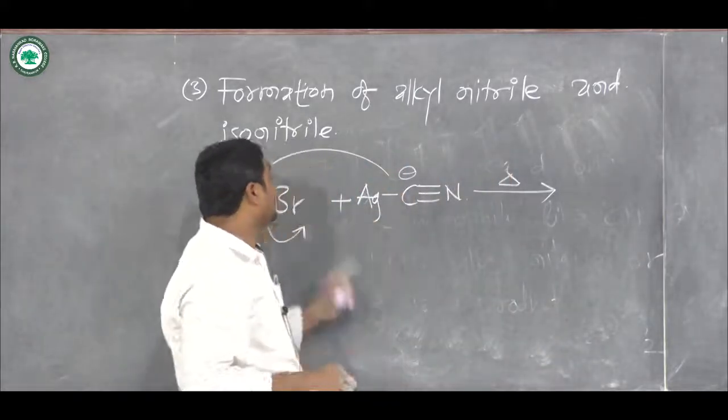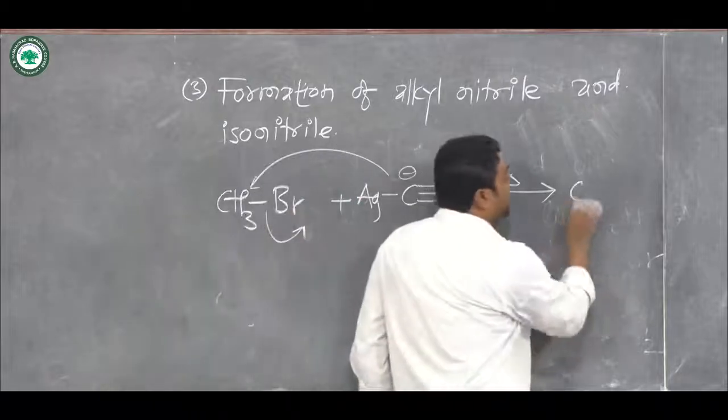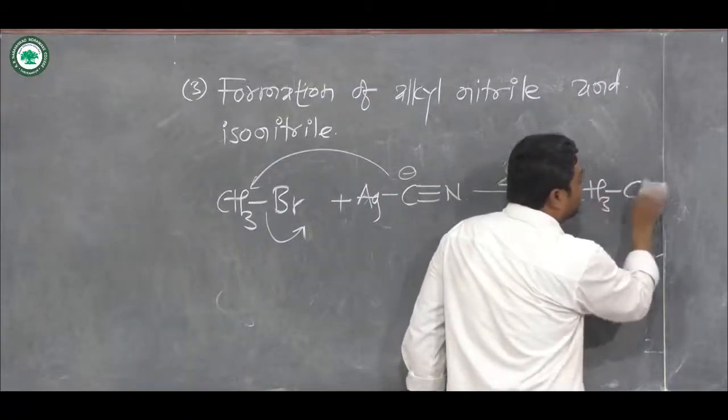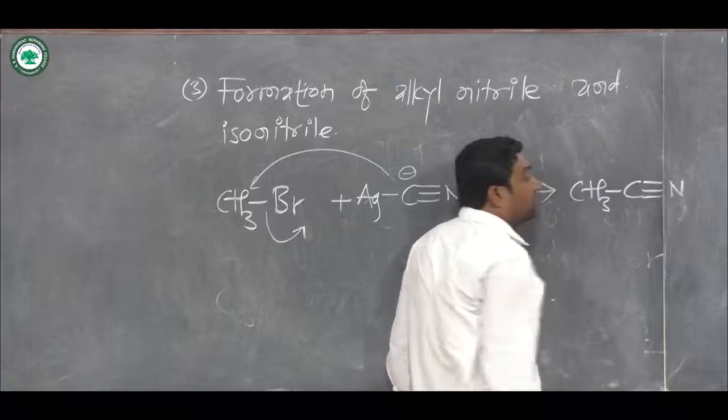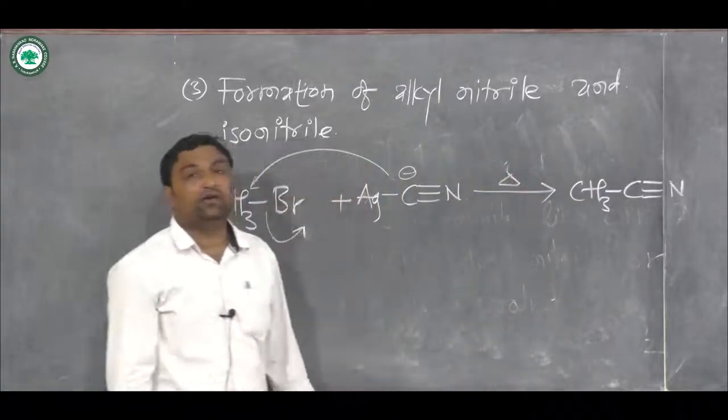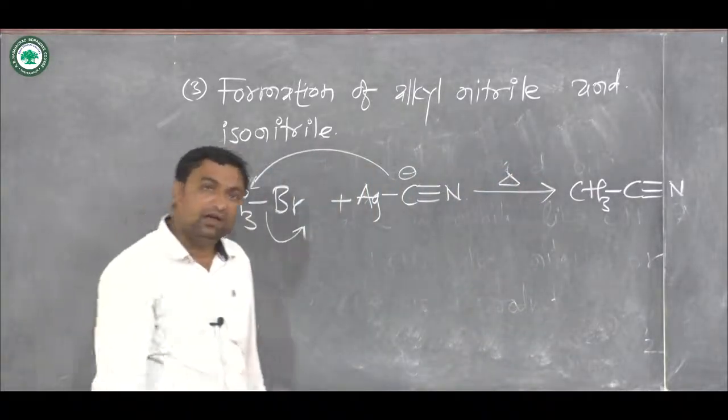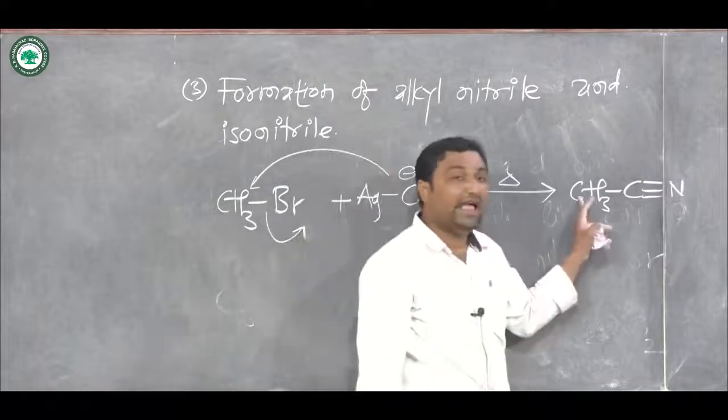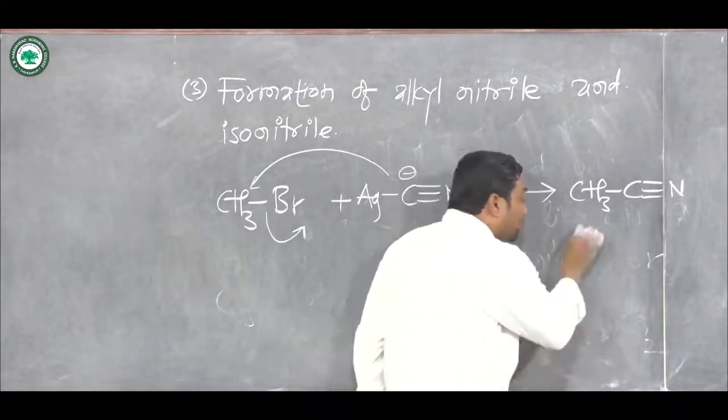Here in this case we form CH3CN, that is methyl nitrile or acetonitrile as a product.